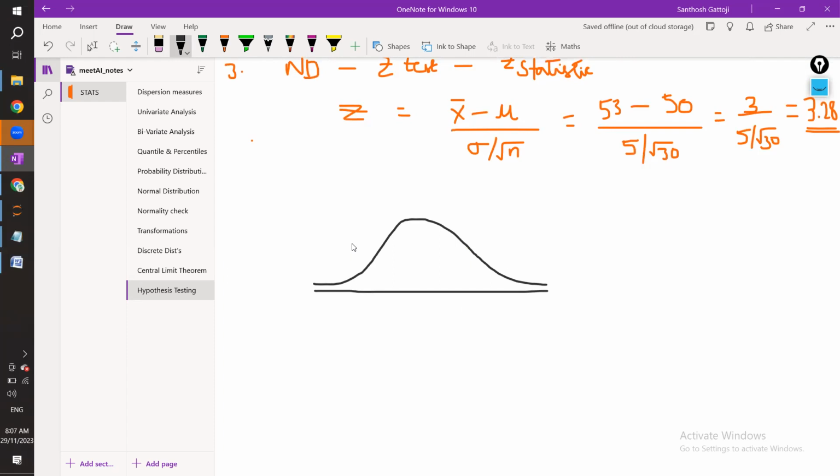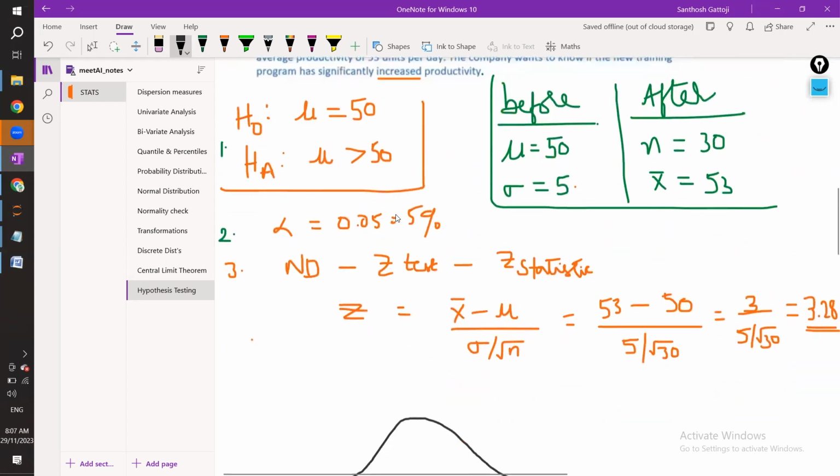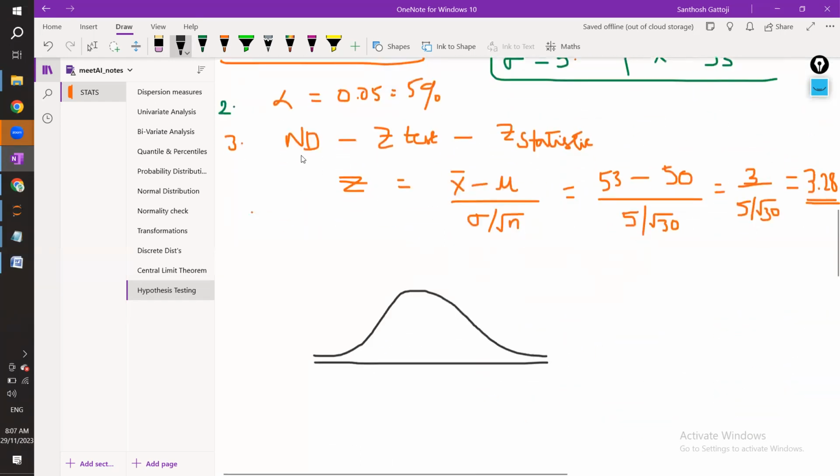What is our critical region? What is the alpha you are given? Alpha is 0.05. This alpha you need to plot over here. That means the rejection region is wherever you have the 0.05 area.